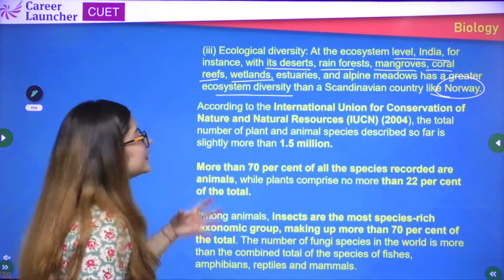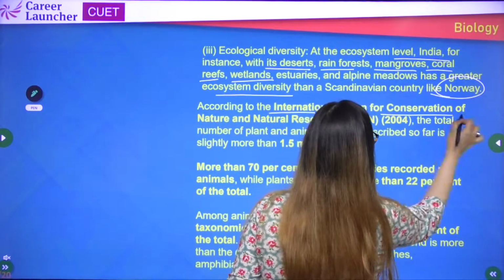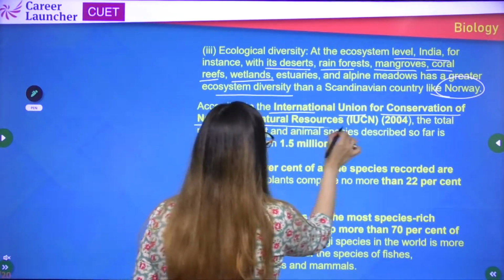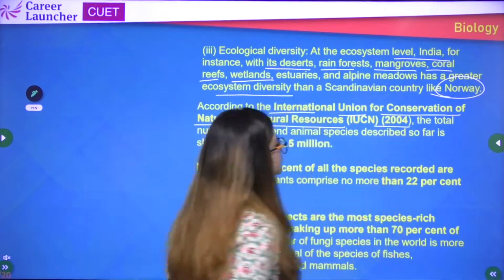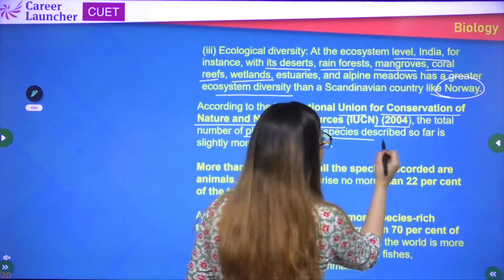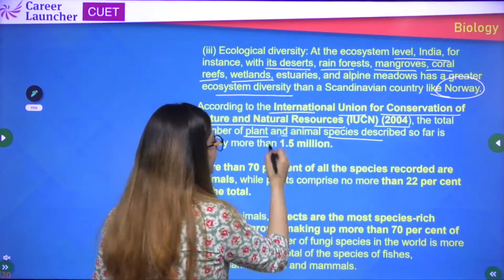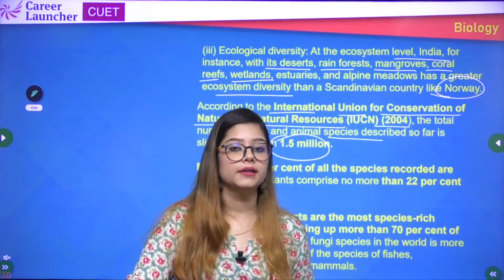If we look at some statistics, according to the International Union for Conservation of Nature and Natural Resources, IUCN, in the year 2000 the total number of plant and animal species so far recorded is slightly more than 1.5 million, right?